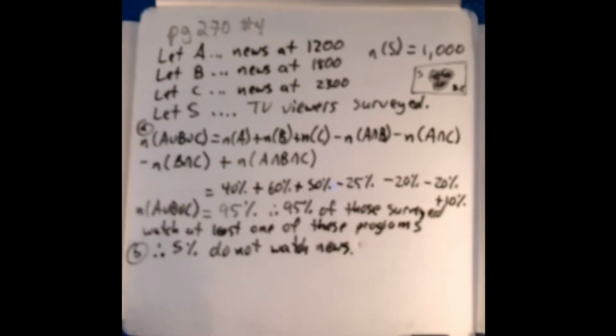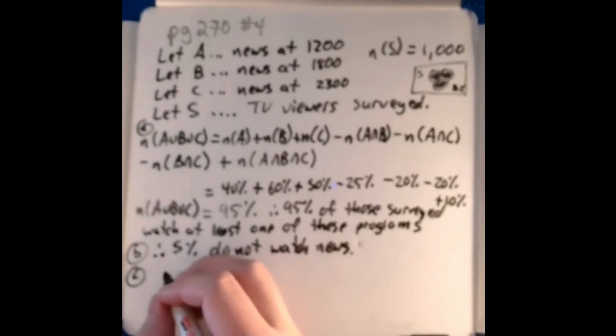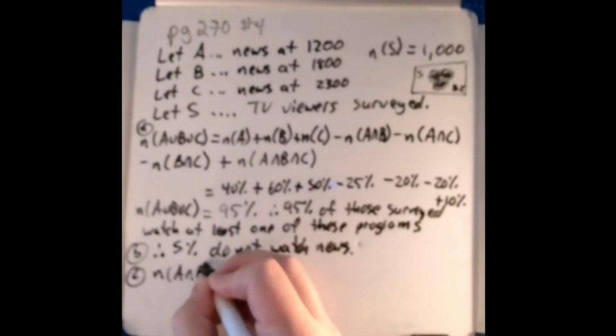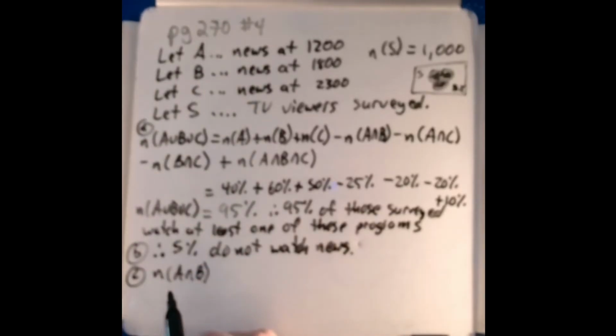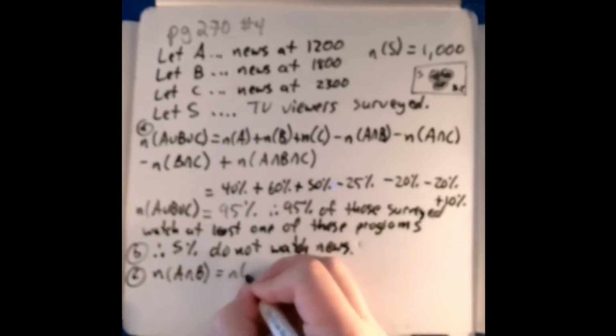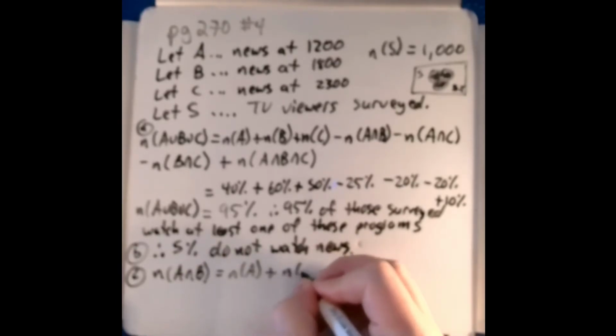Question C, what percent view the news at 12 and 1800, but not at 2300? So we're finding the cardinality of A intersect B, and we already know that.